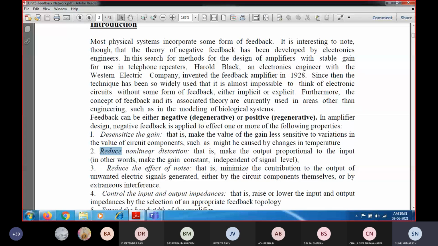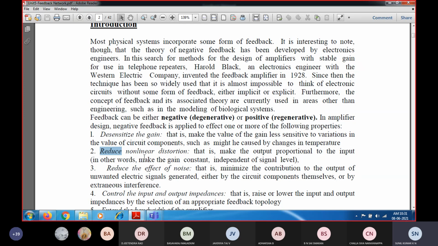By employing negative feedback, the non-linear distortion in the existing system is reduced. That makes the output proportional to the input, making the gain constant, independent of signal level. That is what it means.